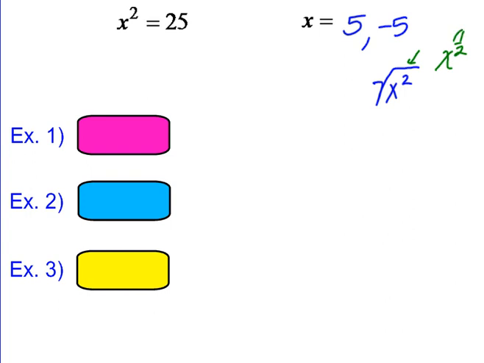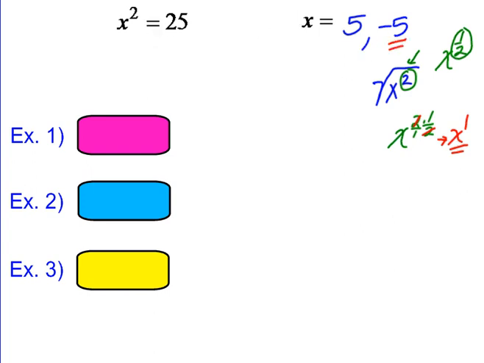So basically, I'm going to take the exponents 1/2 and 2 and multiply those together. So x to the 2nd power times 1/2. And we can see that everything cancels, and we end up having x to the 1st, which helps us find the roots of our quadratic equation. So we're going to keep this in mind.